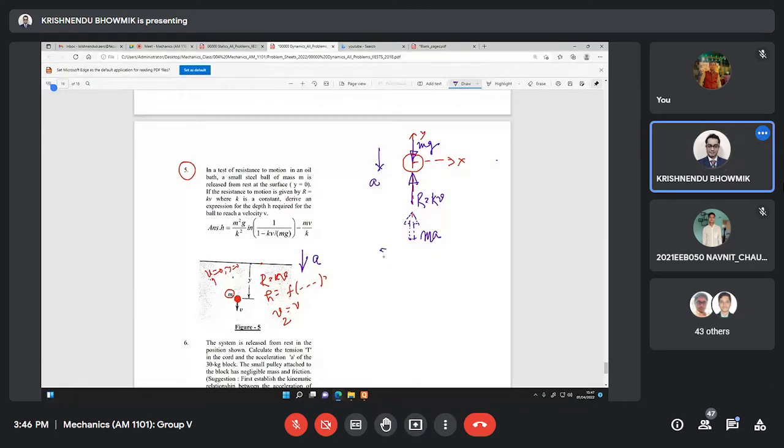So summation Fy equal to 0 will give minus mg plus kv plus ma equal to 0. Minus mg plus kv plus ma, with the horizontal component being 0 in the vertical direction. That means we can write here acceleration a, this one.